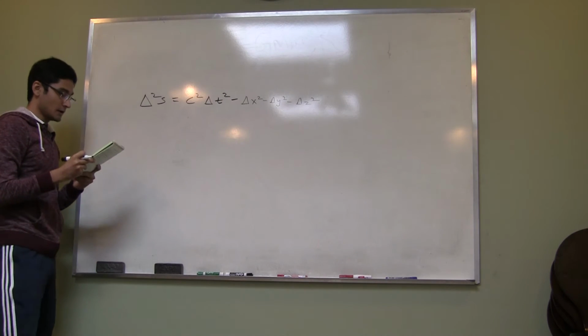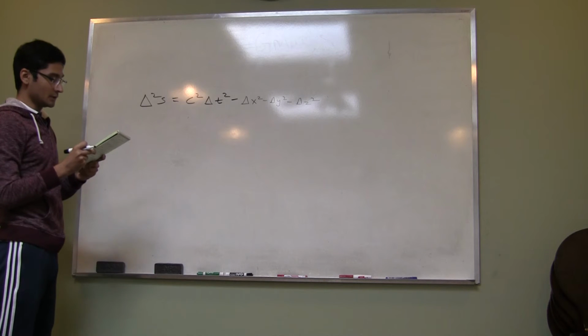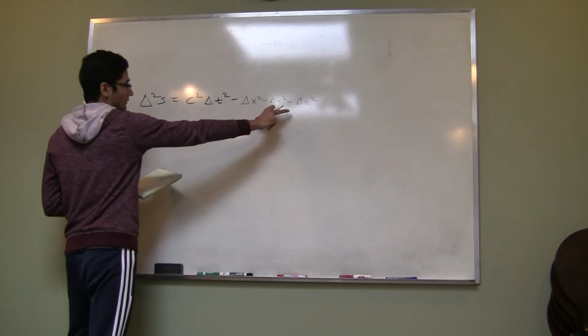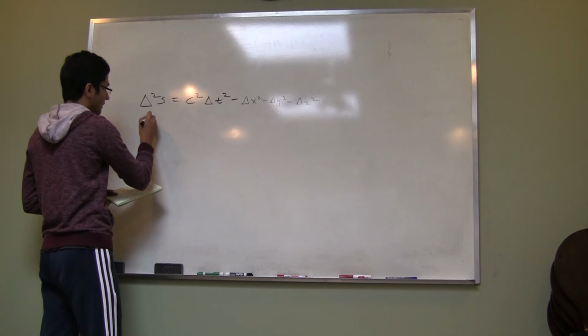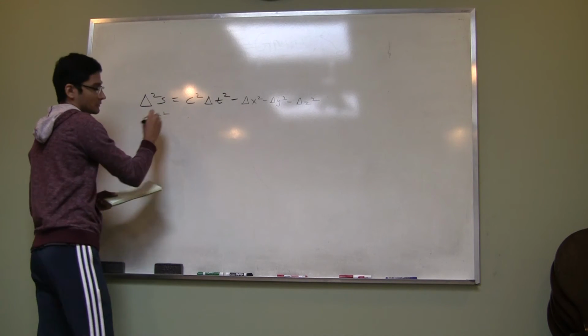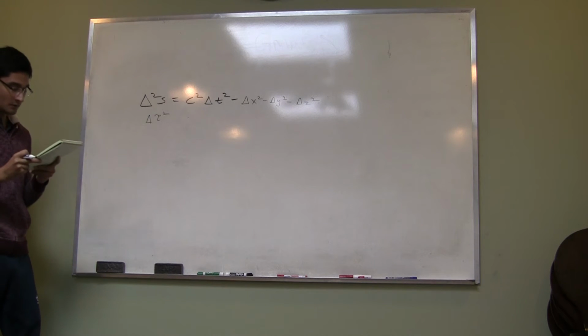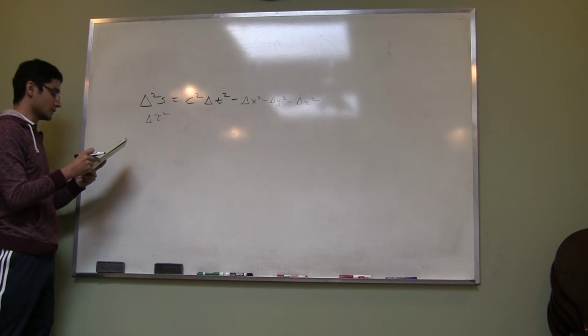So observers will agree on the space-time separation between any two events, where the separation of the interval is this. Everyone will agree on this. I think this is also called delta tau square, the proper time. So this is the invariance of the interval.